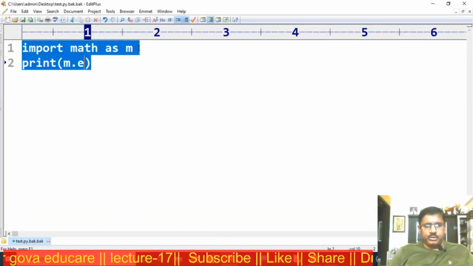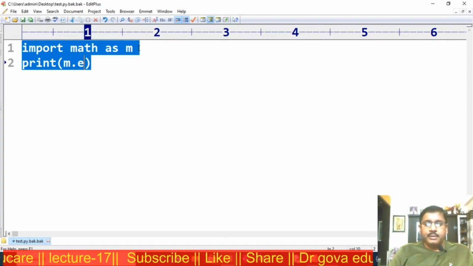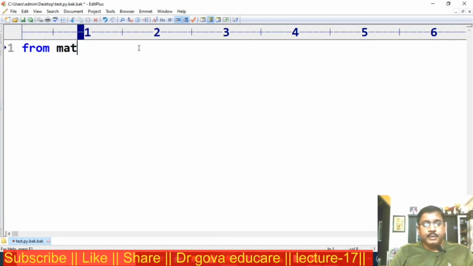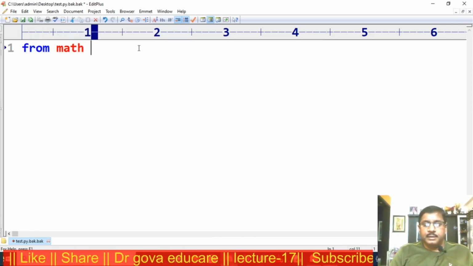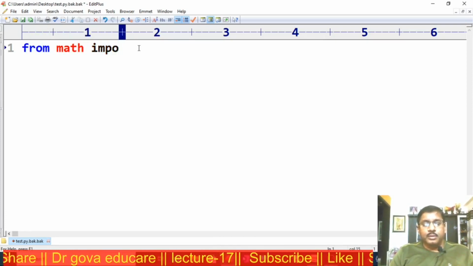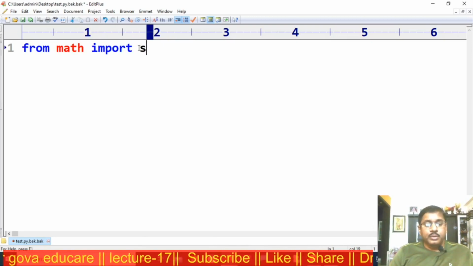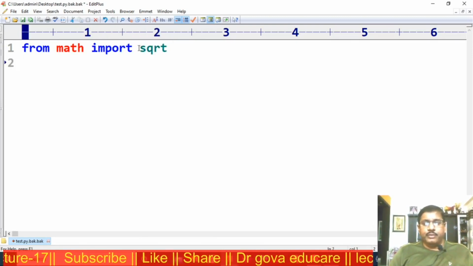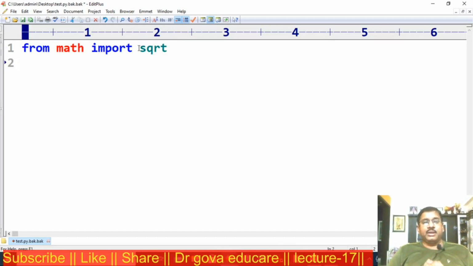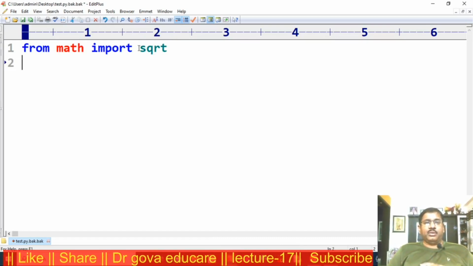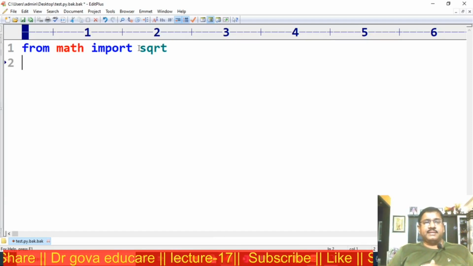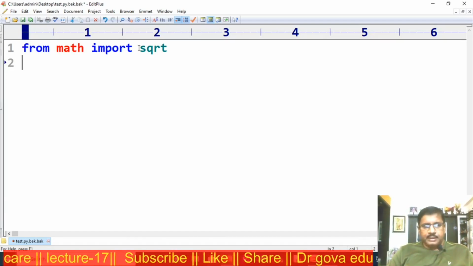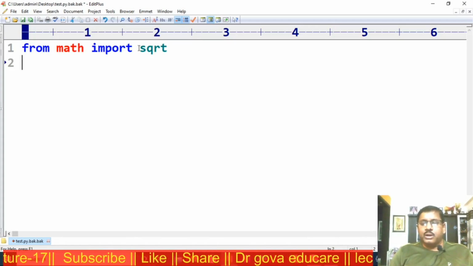I want to import a particular member from math, import sqrt. Now in this case, you need not access the module name.